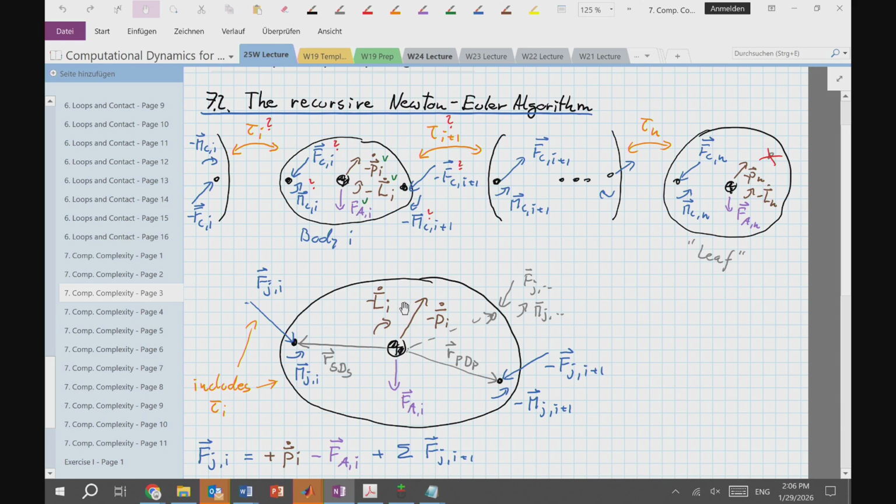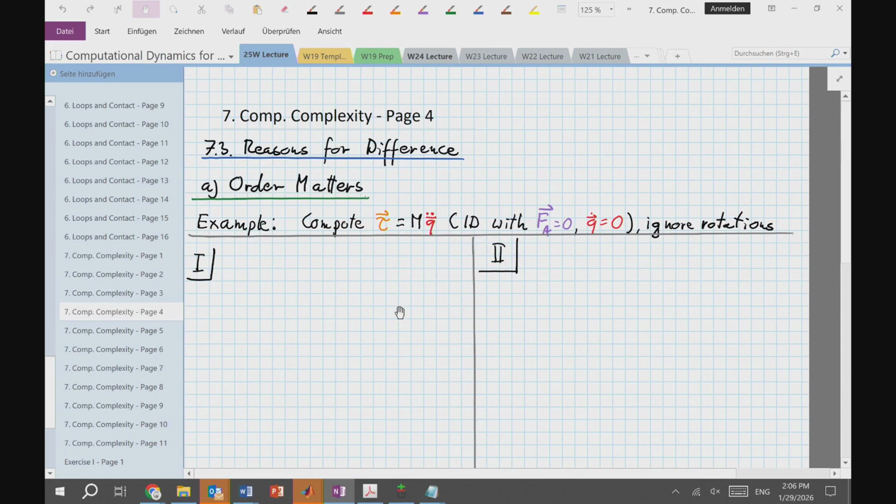Now, the question, of course, is why? What's going on here? In a sense, why is doing this here so bad? I've written down an example here, which is a bit of a reduced version of a full inverse dynamics. I assume that gravity is 0.